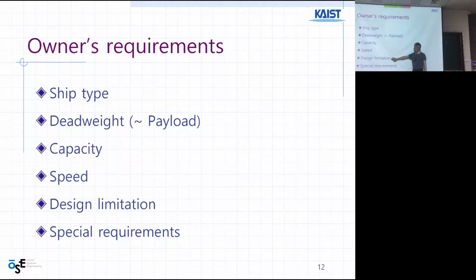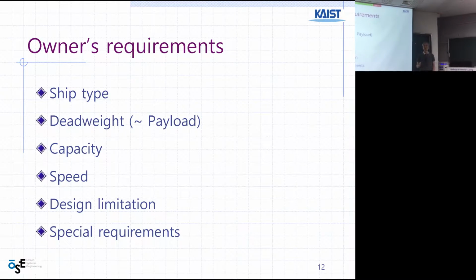and limitations. Something like the ship should enter the Sydney port. That Sydney port has a bridge, so they should go under the bridge, so the height should be minimum in this way. And the biggest limitation comes from the canal. What is the name of the Panama Canal?